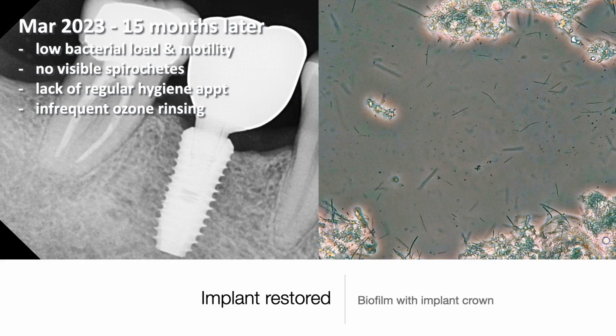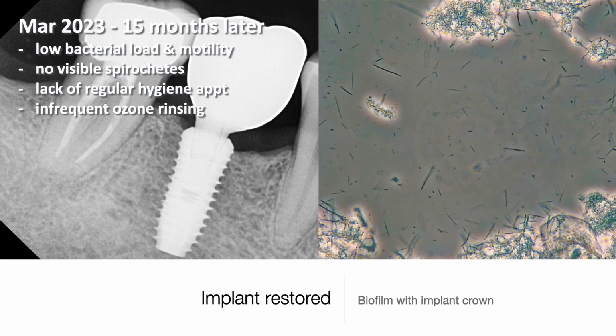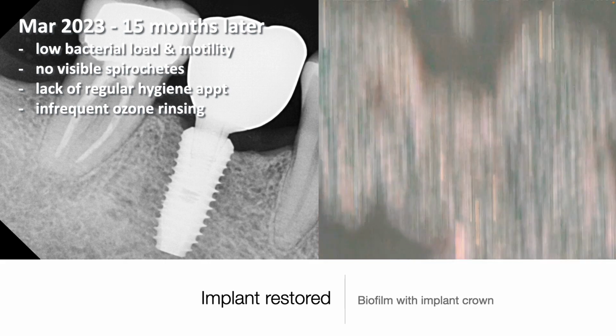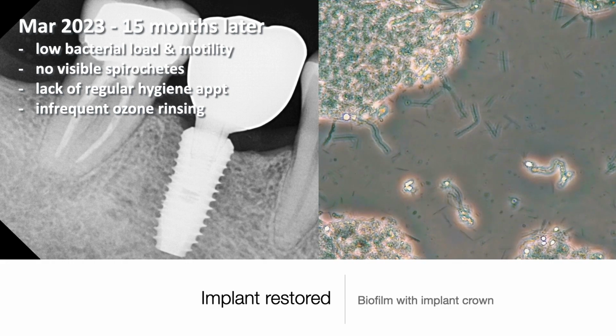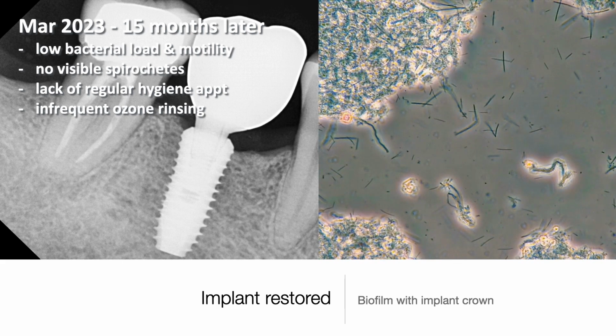But again, when we sampled it, even with that imperfect hygiene, he still had no visible spirochetes, low bacterial load and motility. So thankfully he was stable, but we would like to see him, of course, much more regularly and prevent any future complications with his implant.